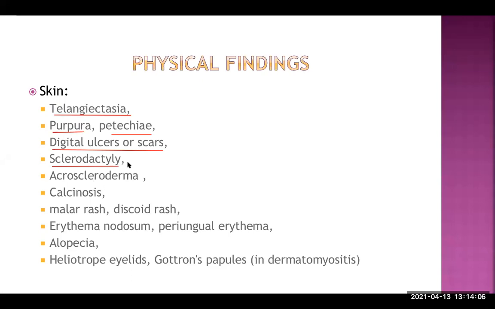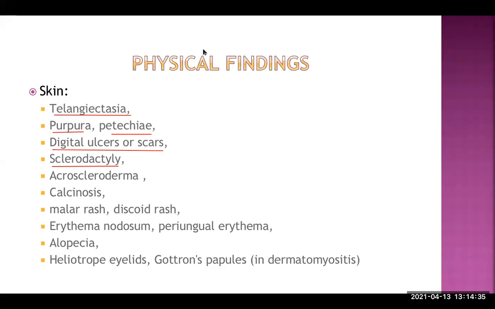The skin is attached right onto the finger, and we cannot extend the finger so easily. The fingers develop a bit of clawing. They are a little bit flexed because of too much tightening of the skin. This is known as sclerodactyly. It's a feature of systemic sclerosis or scleroderma. Never forget this important MCQ question in the exam.